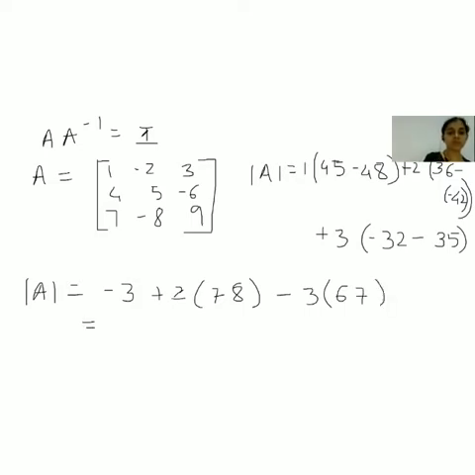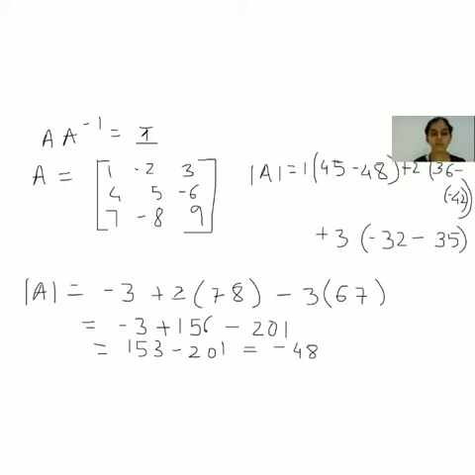So the answer here will be minus 3 plus 156 minus 201, which is equal to minus 48.